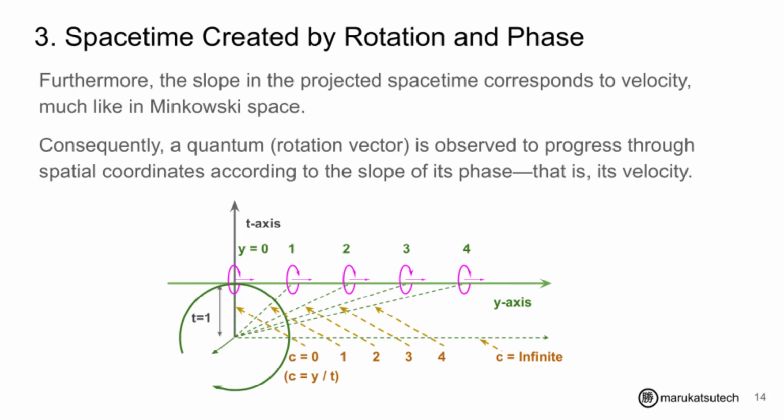Furthermore, the slope in the projected spacetime corresponds to velocity, much like in Minkowski space. Consequently, a quantum rotation vector is observed to progress through spatial coordinates according to the slope of its phase, that is, its velocity.